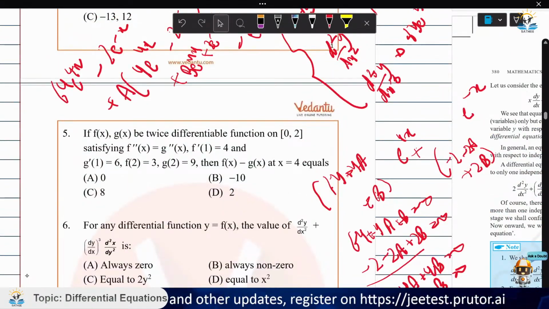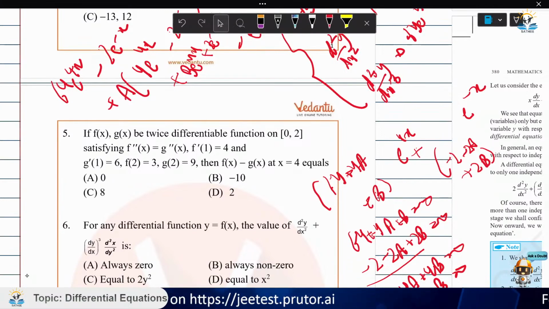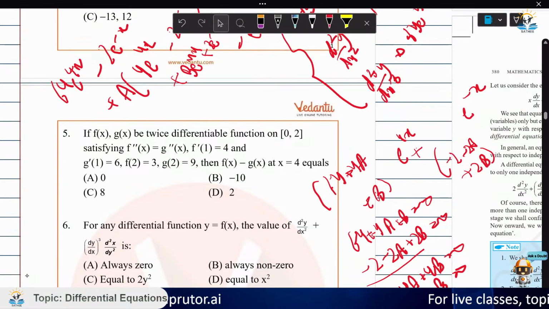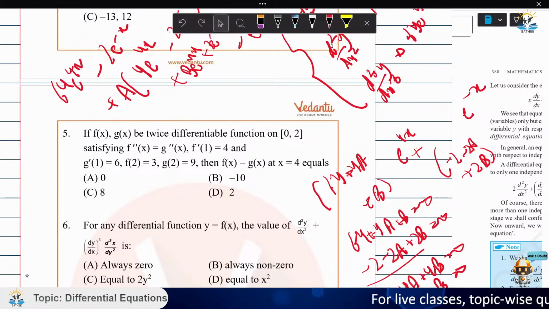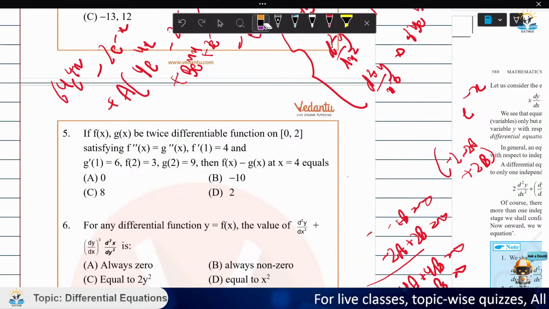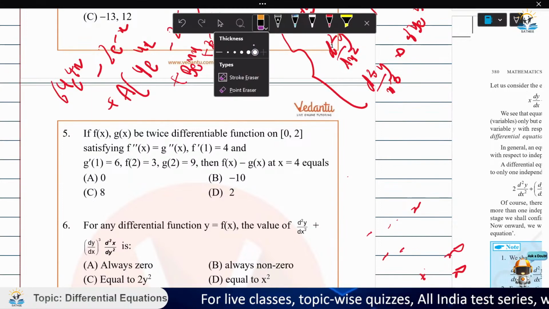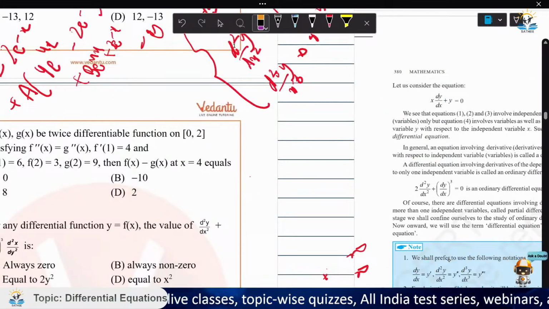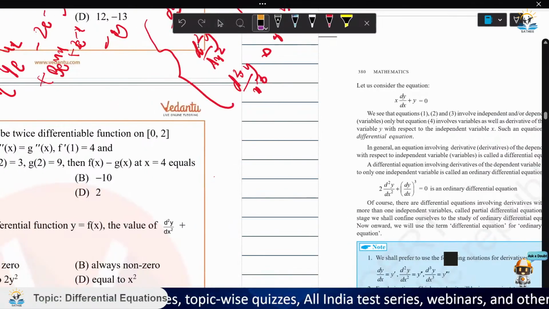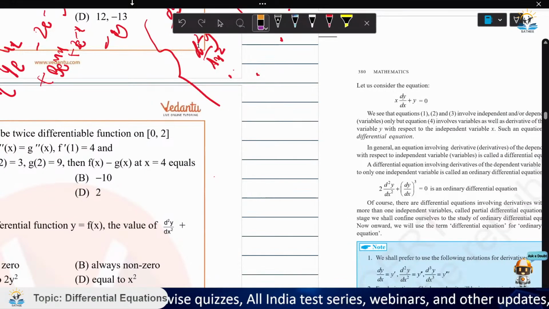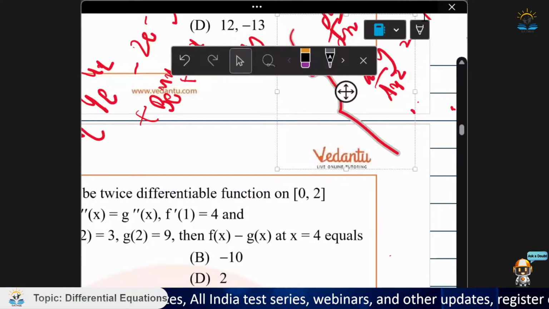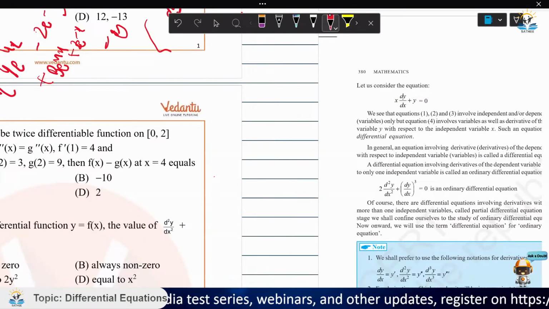If fx and gx be twice differentiable functions on 0 to 2 satisfying f double dash x is equals to g double dash x and f dash 1 is equals to 4, g dash of 1 is equals to 6. So what is required for us to find out? So let me raise it a bit and get back to the question.